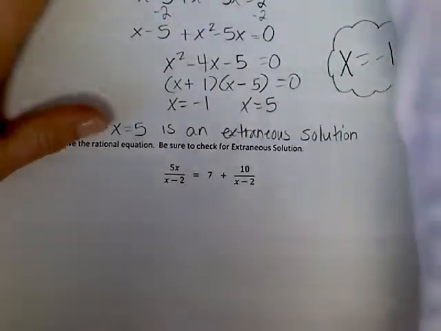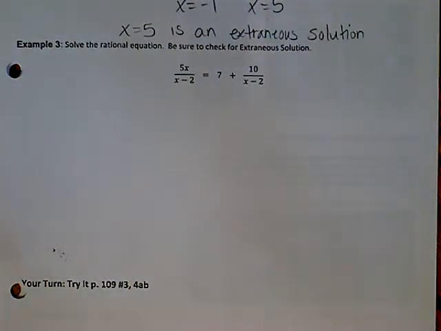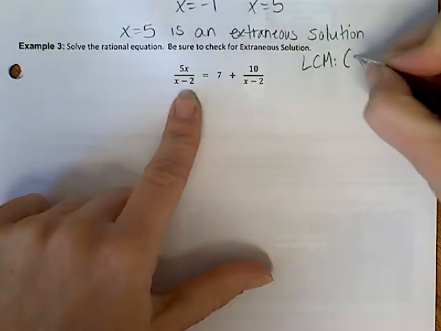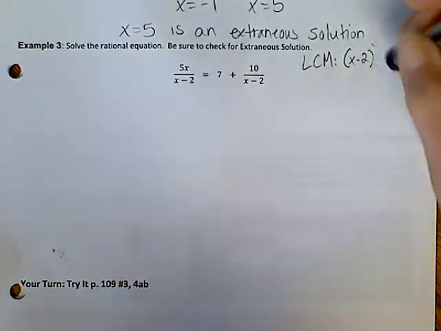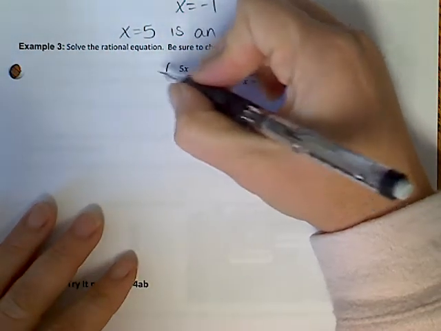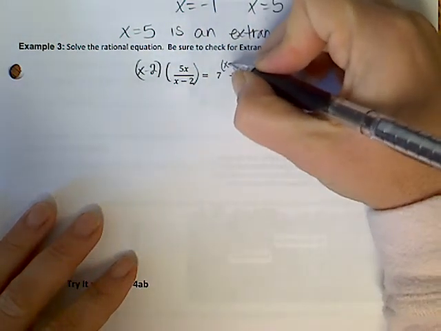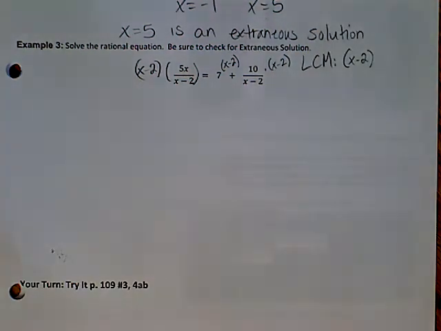Okay, now, next, look at my denominators. There's only two of them, x minus 2, they're the same thing. I'm going to multiply everything by x minus 2. If you like, I can do this next to the 7 instead of putting a giant parentheses around. The whole point is that every single term has to be multiplied by the common denominator, LCM.